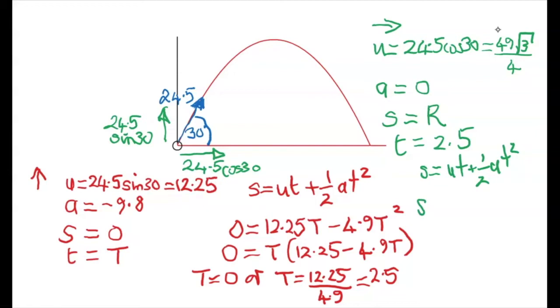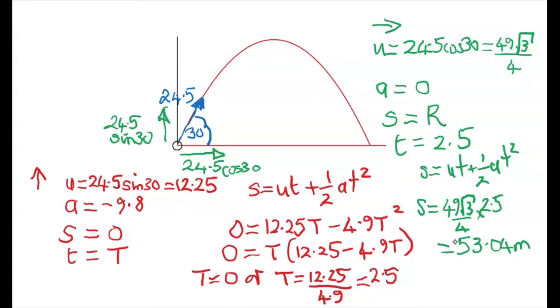So s is 49 root 3 over 4 times 2.5. Half of a is 0, so we have our distance, which is equal to 53.04 meters.